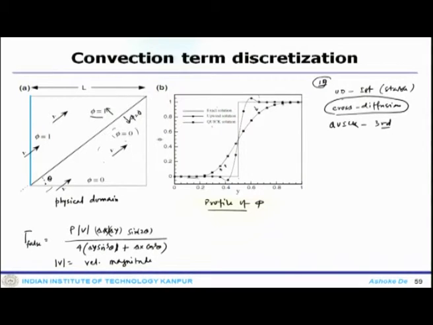Except for this point and this point, the solutions are exactly matching with the analytical solution, but at some locations here you can see some overshoot, and somewhere you see some undershoots. This is happening where the gradient actually exists, because if you look at the exact solution, this is a sharp gradient.